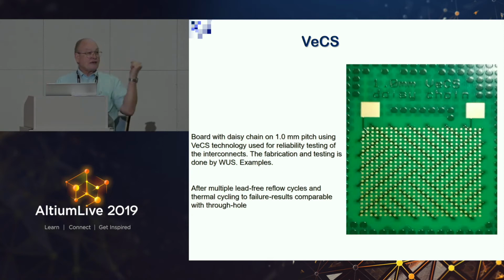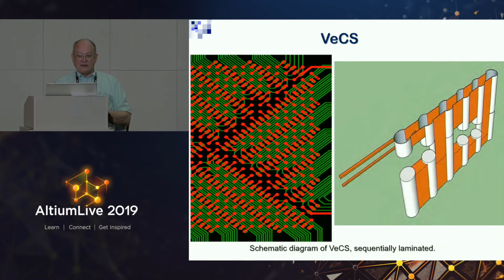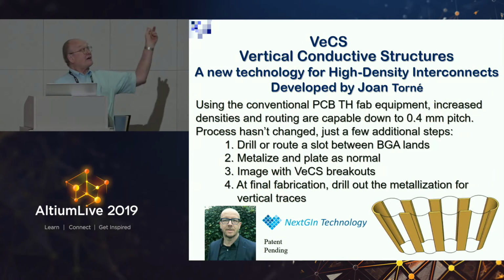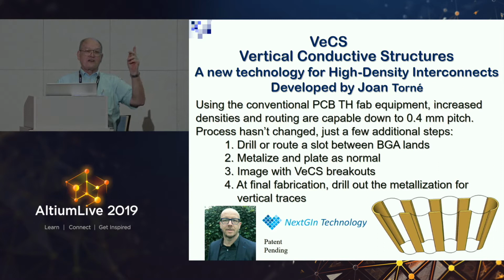If you contact Jean Tormé, he'll probably be glad to come out and visit your company, because he lives in Denmark. And his company is called NextGen Technology, N-E-X-T-G-I-N, NextGen Technology.